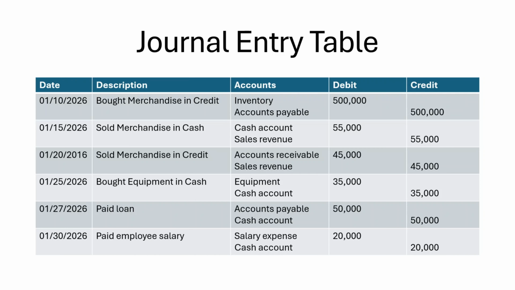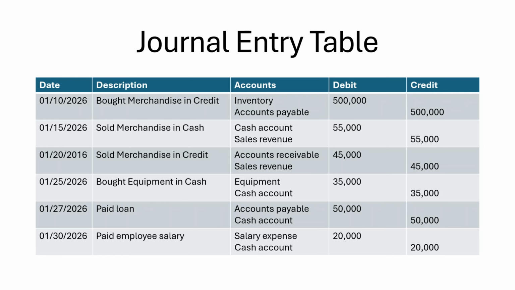Then on the accounts, as you can see, we have two accounts that were affected by each of the transactions in the description column. Then each of the accounts in the accounts column is either debited or credited.